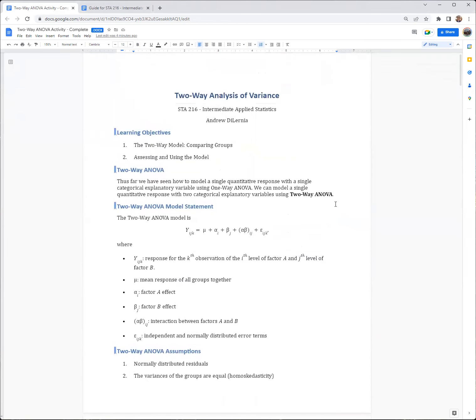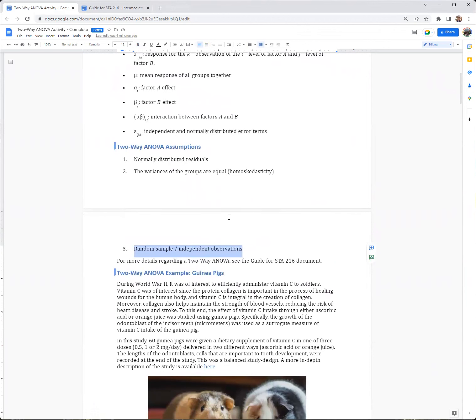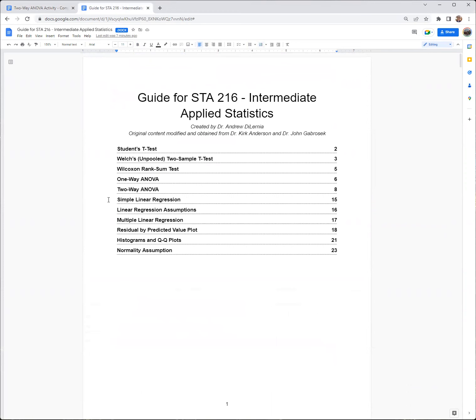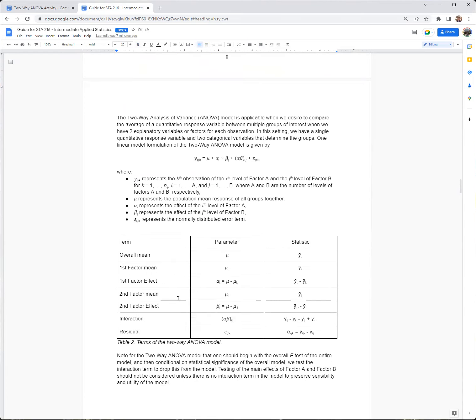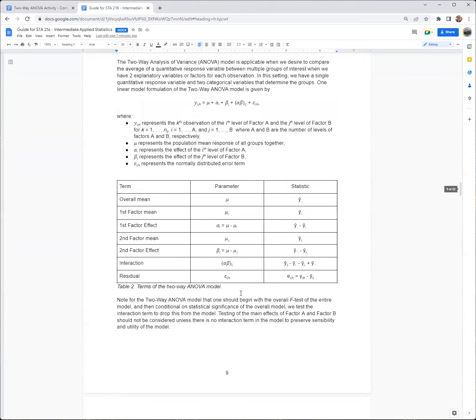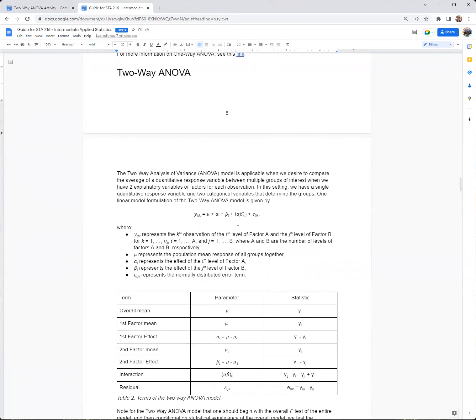So the two-way ANOVA model has a lot of different aspects to it, but we'll be covering it only very briefly in this activity. For a more detailed look at the two-way ANOVA model and different components of it, the Guide for Stat 216 document will be a great resource, as it has typed up a lot of formal equations and provided more detailed tables and additional information about the two-way ANOVA model that we just don't have time to cover in this activity.